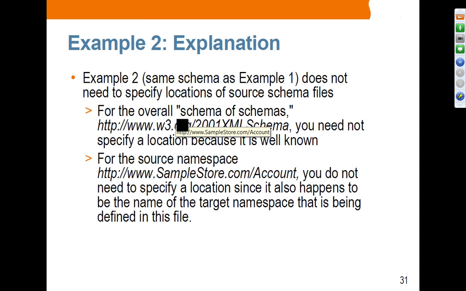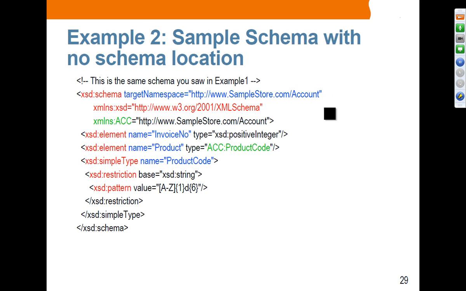Okay, the reason is this. So in example 2, the same schema as in example 1 does not need to specify locations of source schema files. The reason is that this external namespace is well known.